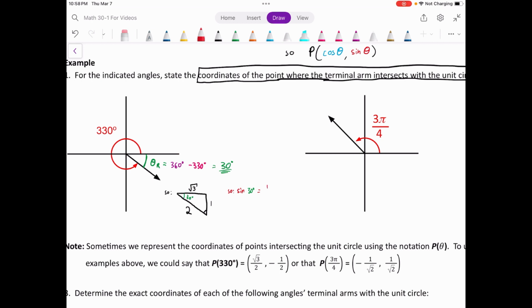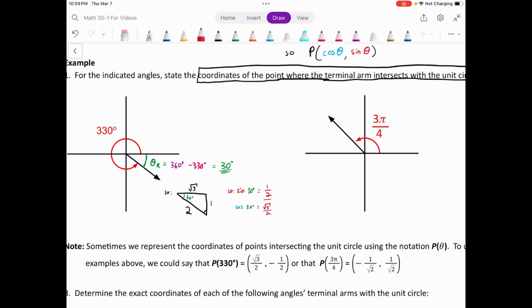So 1 over 2. What's cos of our reference angle? Well, cos of 30 degrees will be adjacent over hypotenuse, so root 3 over 2.